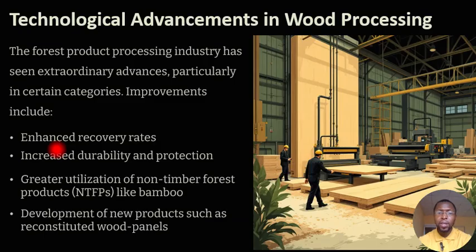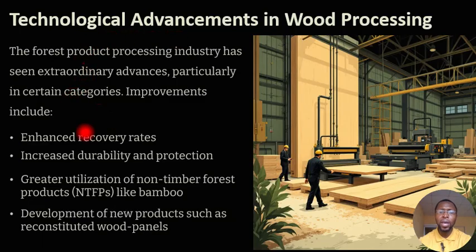All right. Now let's look at the technological advancement in wood processing. Many years ago, when there was no technology, processing of wood could be very tedious. But with time, there has been an advancement in technology when processing wood.